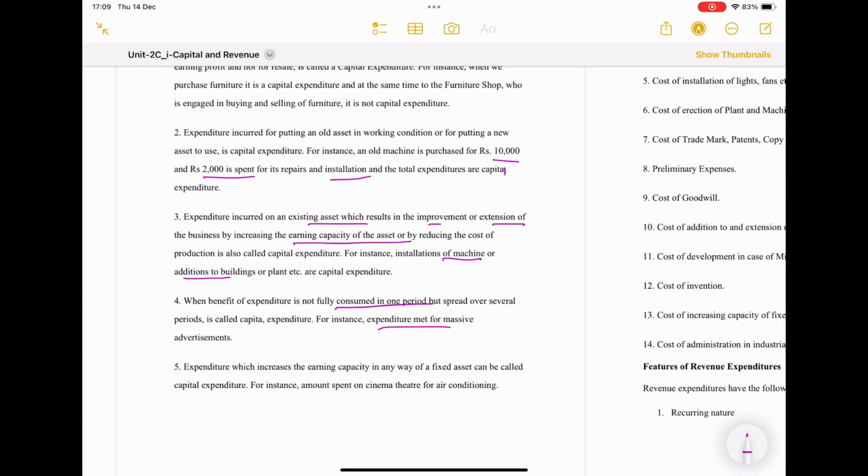Next, expenses which increase the earning capacity by way of a fixed asset can be called capital expenditures. For example, the amount spent on a cinema theater for an air conditioner. I'm going to change the infrastructure of the company.